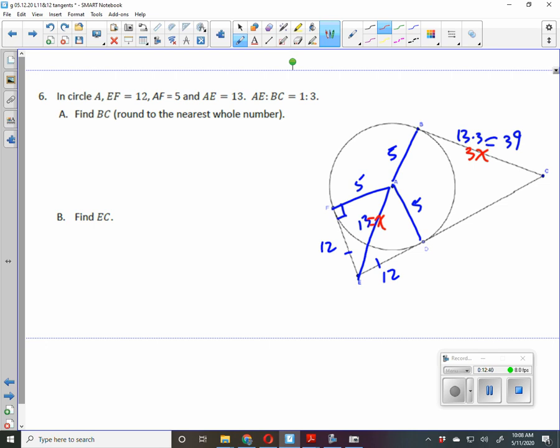Find BC, round to the nearest whole number. BC is already 39. We've done that. EC along here is going to be the 39 plus 12, or 51 units. Pretty straightforward.